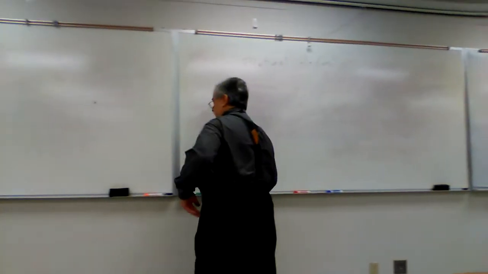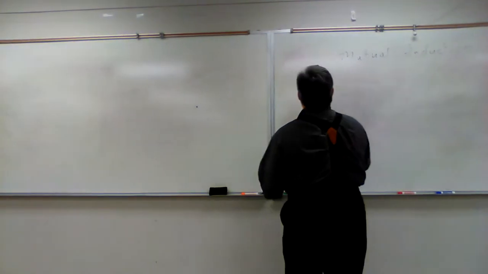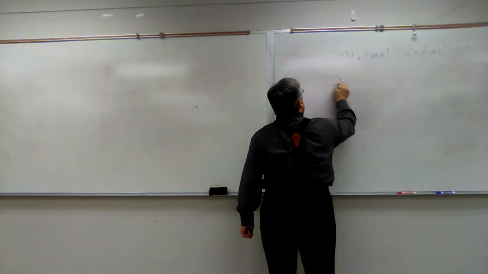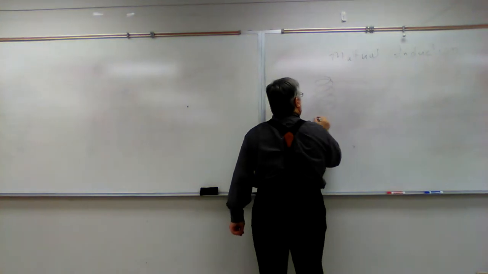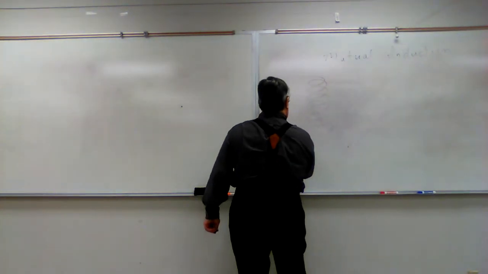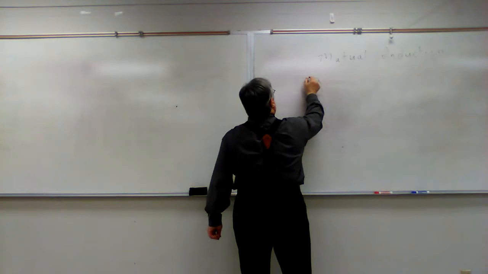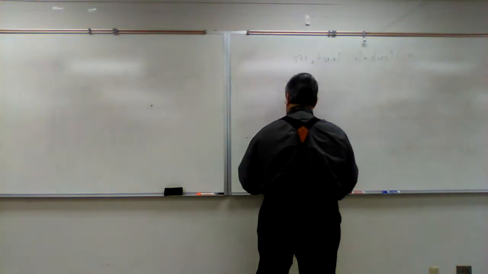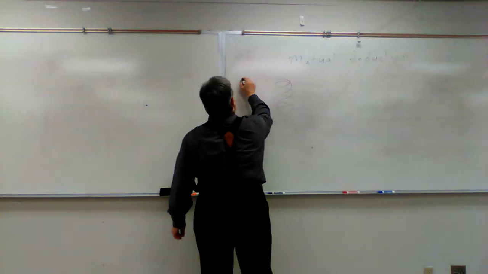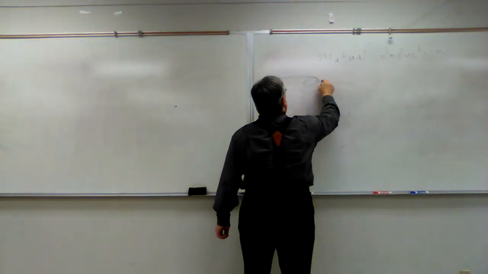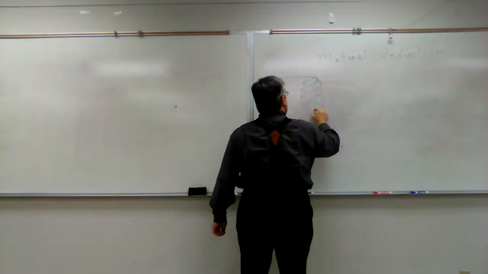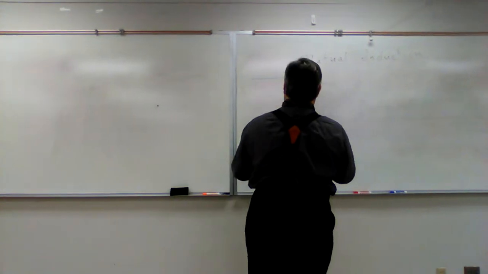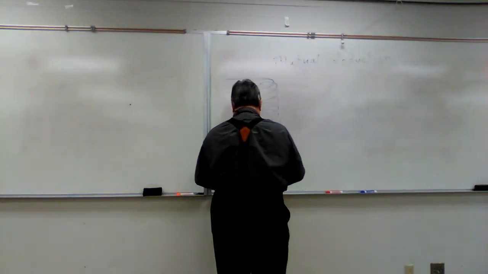Let's start with that solenoid that we were talking about. Now we know that if we put... Now, is this because of the board in this location, or is it because of the markers?